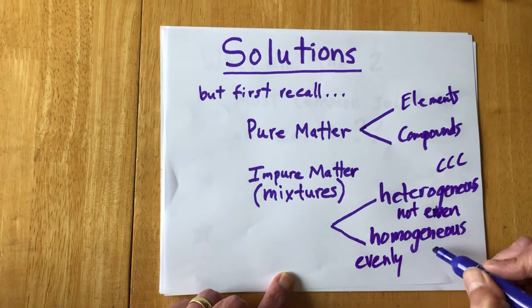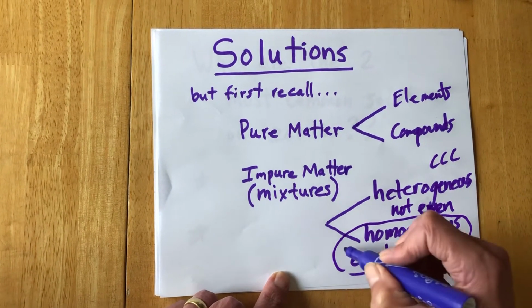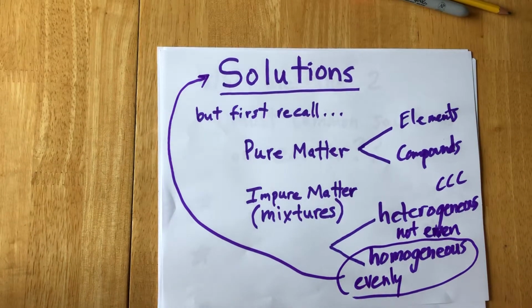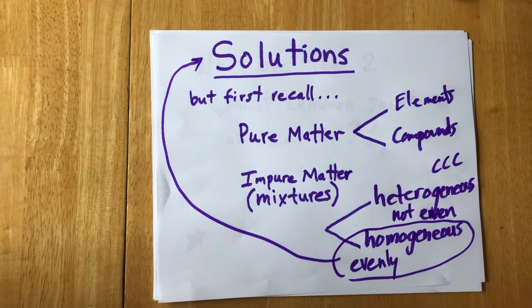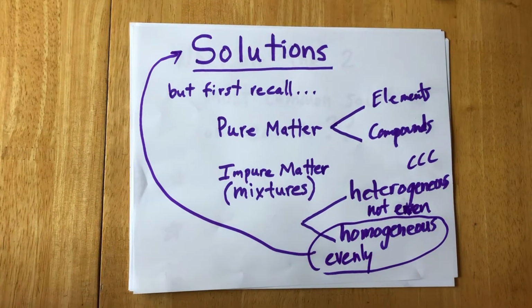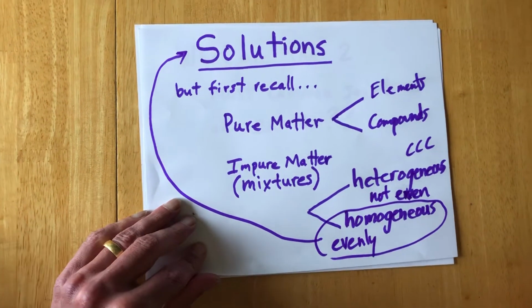And basically, a homogeneous mixture is a solution. They are one and the same. Okay? So it's a word that you knew about from a long time ago, but you didn't know that it was called a solution. Unless I mentioned it back then. And if I did, you probably don't remember me mentioning that.